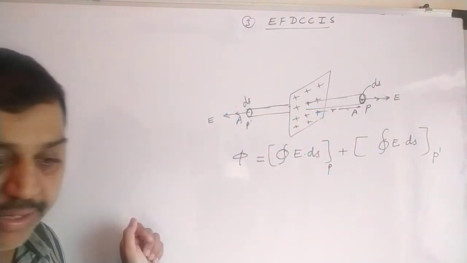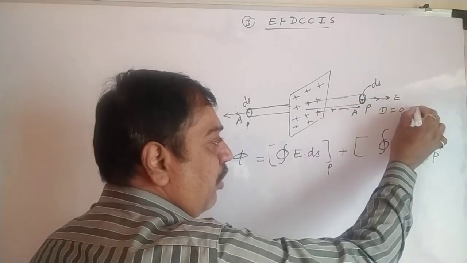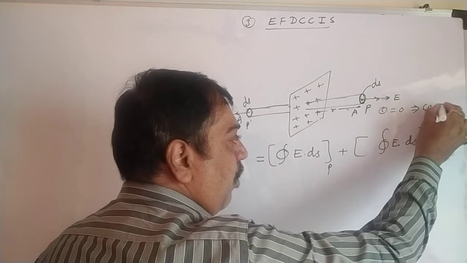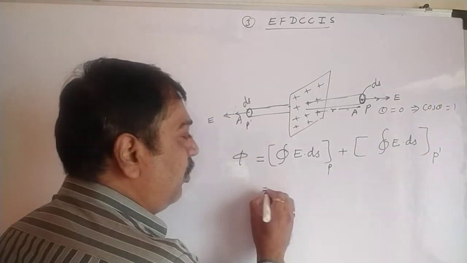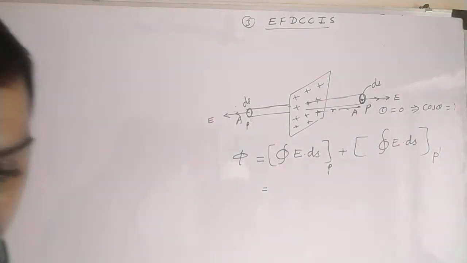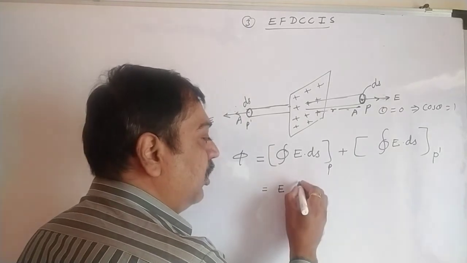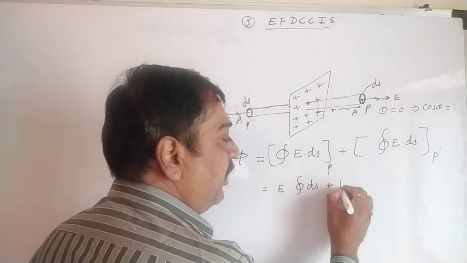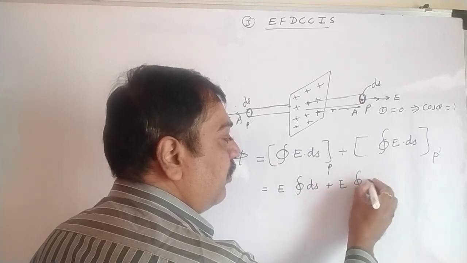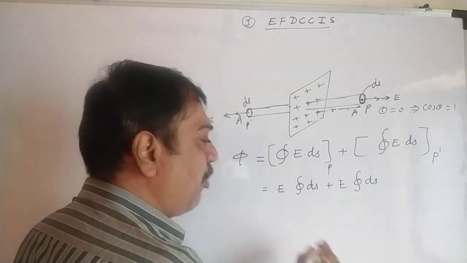As theta equal to 0, they are parallel, this implies that cos theta equal to 1. So E is common and constant: E times the integration of ds plus E times the integration of ds, with cos theta as 1. We just used the formula for the dot product.